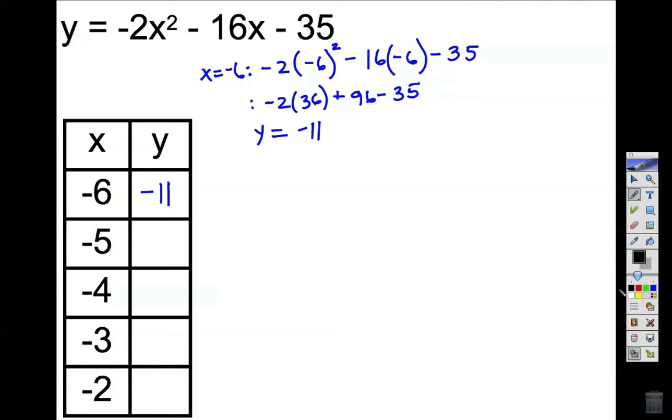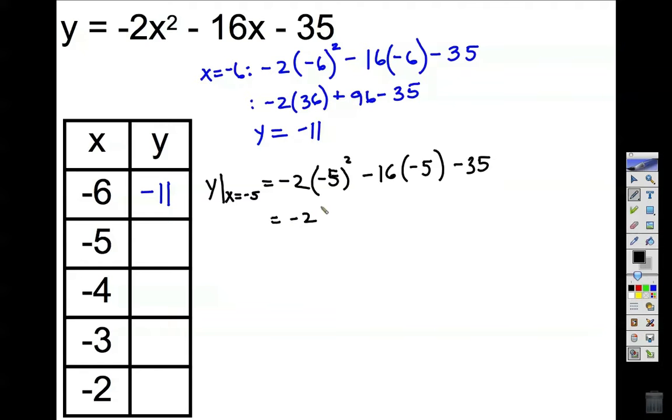Now, a different way of notating this: y, when x equals -5, equals -2 times -5 squared minus 16 times -5 minus 35.